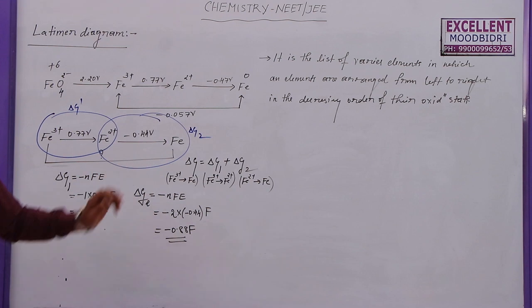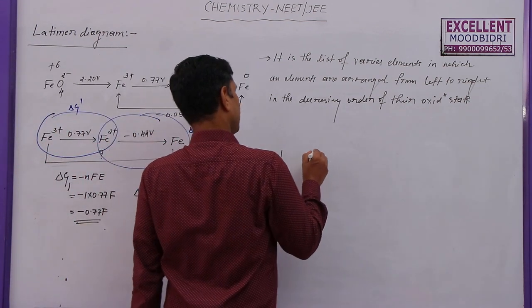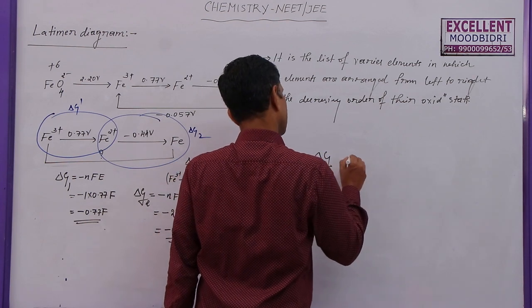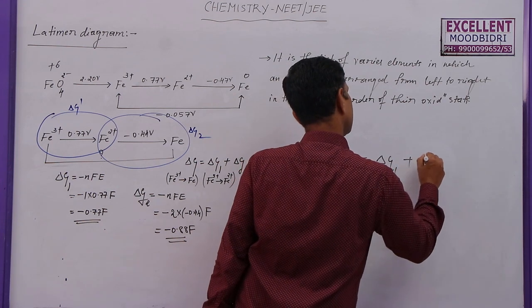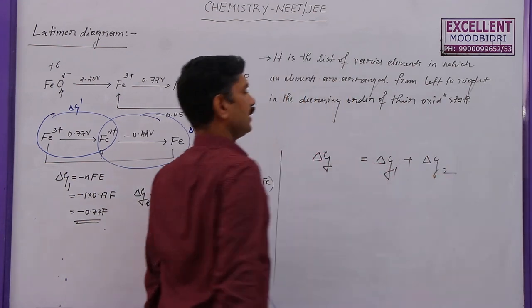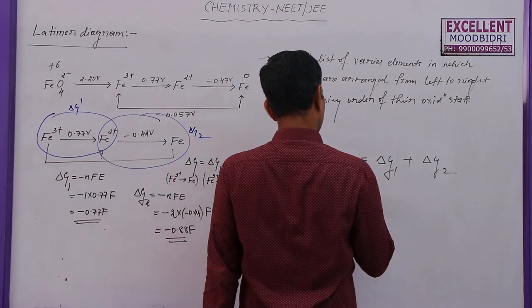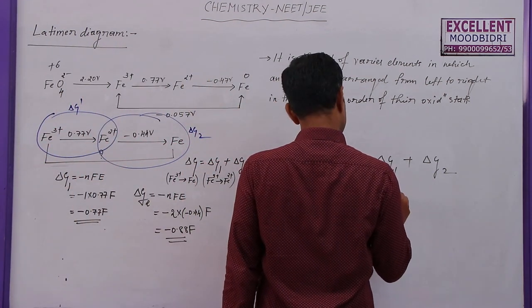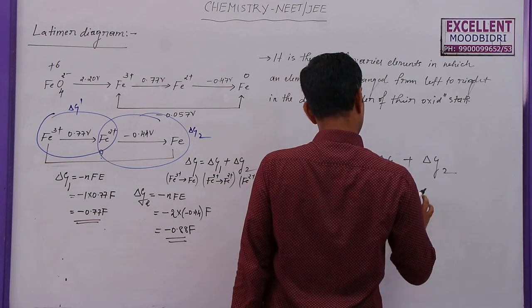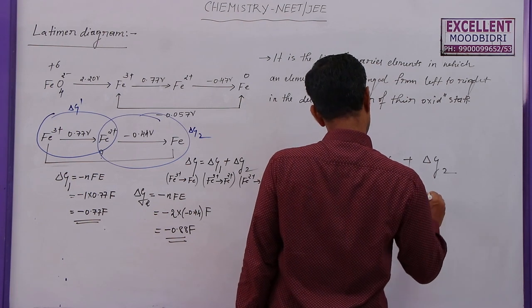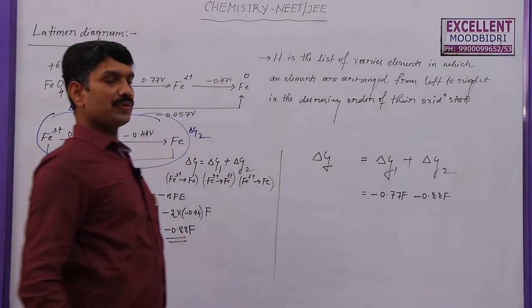Next, the sum of this one. Here, the sum of these two: delta G is equal to delta G1 plus delta G2. We know the delta G1 value, minus 0.77 F, plus this value, minus 0.88 F. So what is delta G?